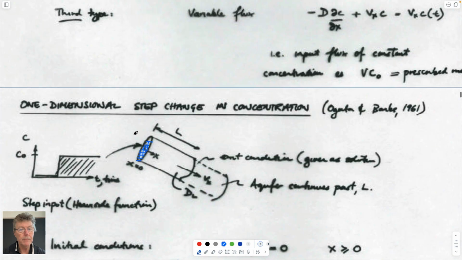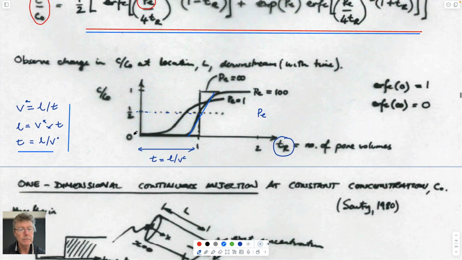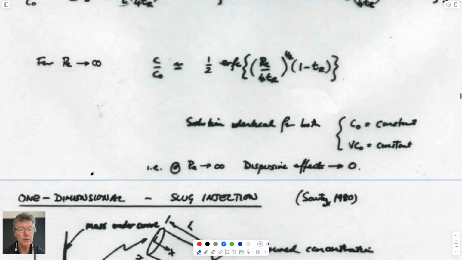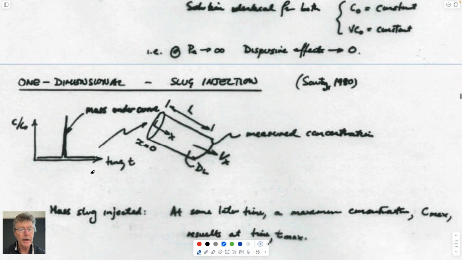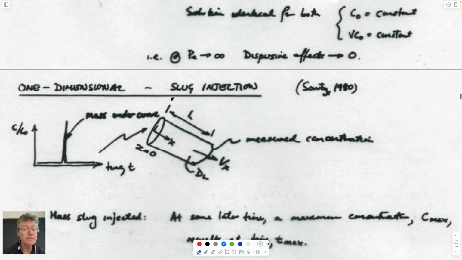what was this one? That was the second one, constant concentration. And the third one is when you have slug injection. So instead of having this Heaviside function where it starts at time 0 and keeps going at the same concentration, this one you actually spike, push something into the system, then turn it off.